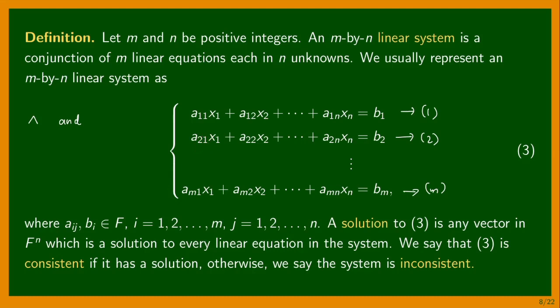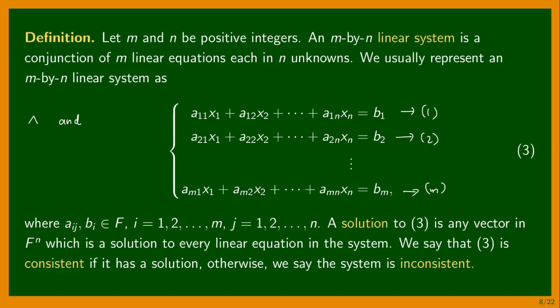Now take note that each of these aij and bi must be constants. Again, when we say m by n, we mean m linear equations, each with n unknowns. So aij and bi are in F, with i from 1 to m and j from 1 to n.